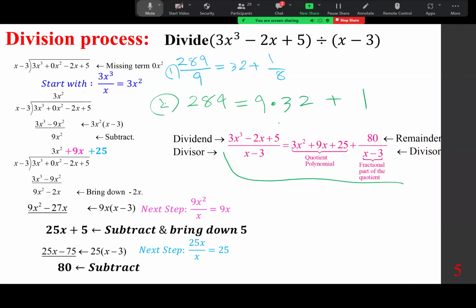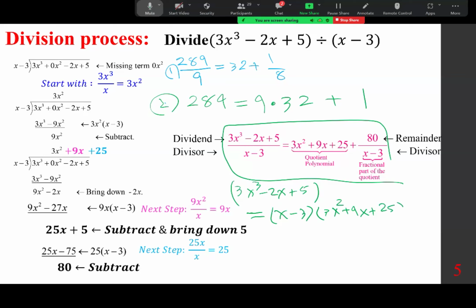Over here, we could write 3x cubed minus 2x plus 5 is equal to the product of the divisor x minus 3 and the quotient 3x squared plus 9x plus 25, plus the remainder. So this is 1, this is 2. There are two different ways of writing it.